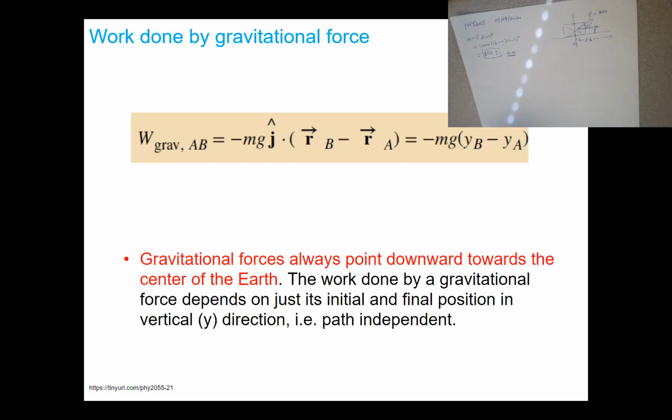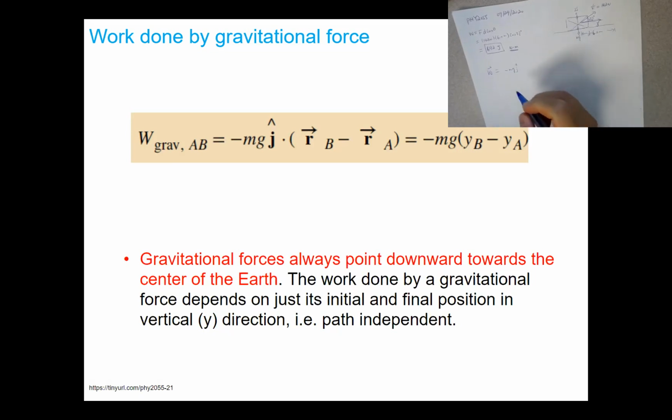So when you do the dot product of the force, minus mgj, times the displacement, remember, let me show you on the paper here. The weight is equal to minus mgj, right? So its i component is 0. So it's pretty much like 0i minus mgj.